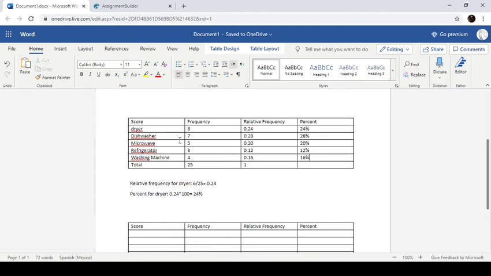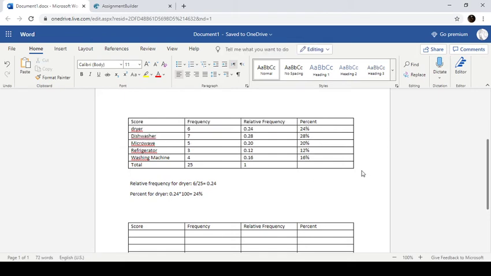So I can look at this and I can say, oh, well, 28% of the time we're dealing with dishwashers. We might want to advertise, since that's what we're doing, is figuring out how we need to advertise, but advertise that we can fix dishwashers. We need to put that up front. Refrigerators, maybe put it in a list on our flyer that we advertise with, but it doesn't need to be the upfront thing because it's only 12% of the time.